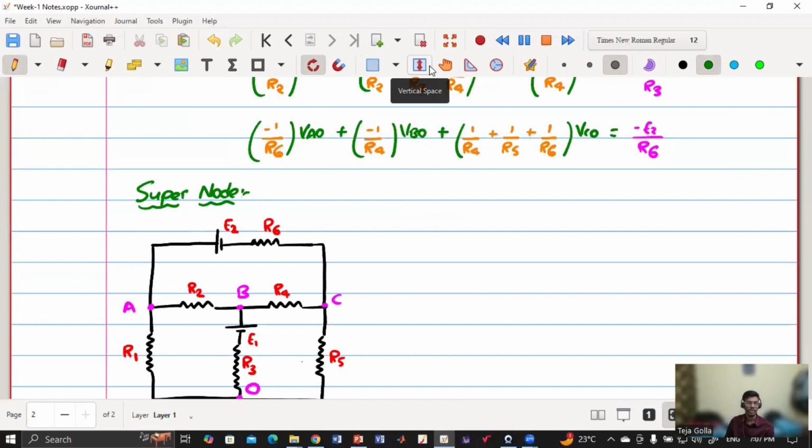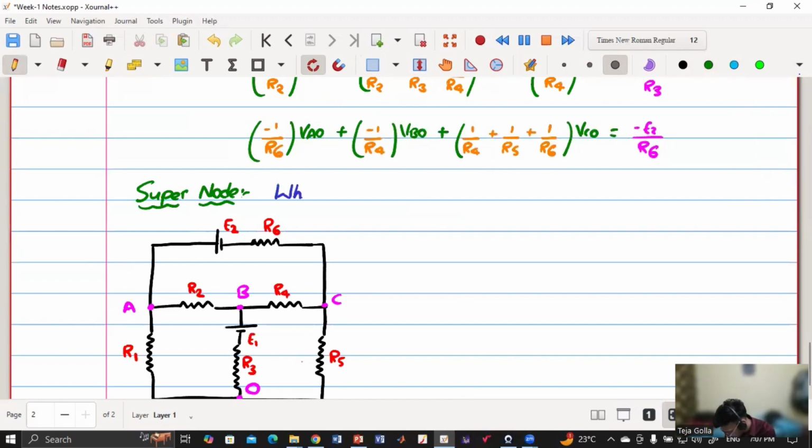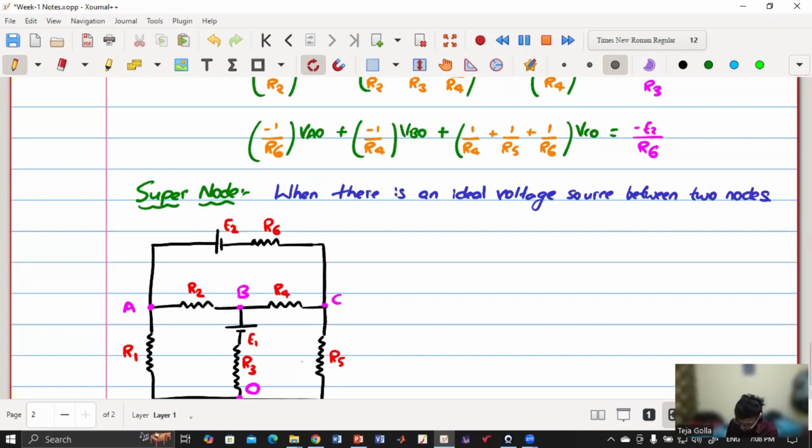When there is an ideal voltage source between two nodes. So this happens when there is an ideal voltage source between two nodes.